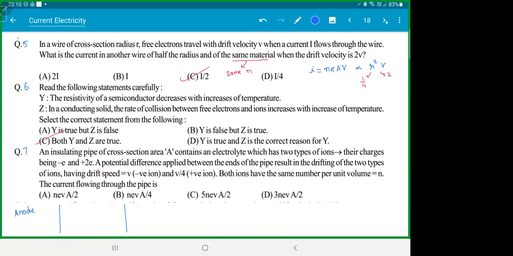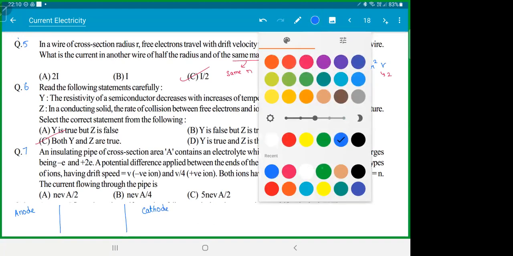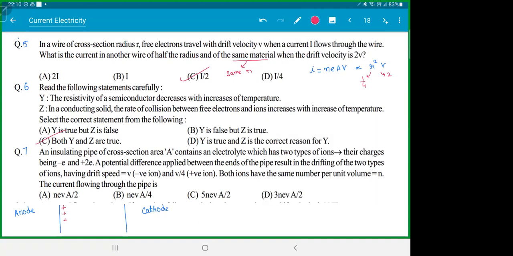This was the anode and this was the cathode. So your anode is your positive charge, cathode is your negative charge. So when you put this positive charge here, 2e, they actually go this way. And when you put the negative charge e, they go this way. So actually currents will add up here.